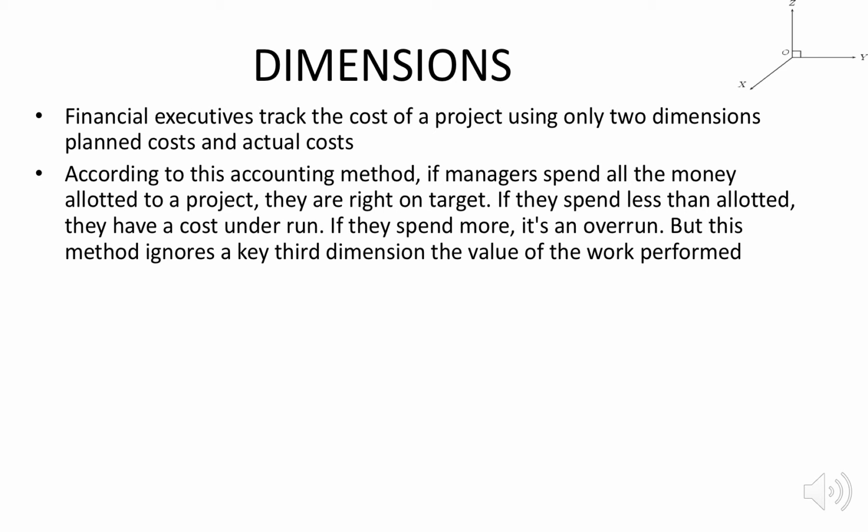But there is another dimension which is more important, that is the value of the work. So the value of the work is really the key dimension. In order to understand this, we will go with an example.